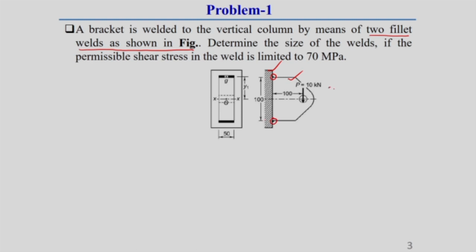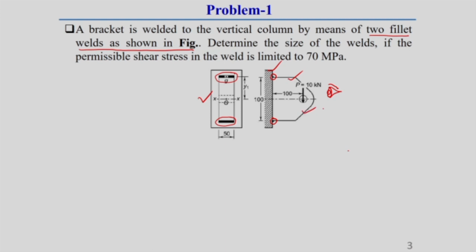Once we see it from the front side, the front view is shown on the left side. This is one weld and this is another weld. By these two welds, the bracket is connected with the vertical column.